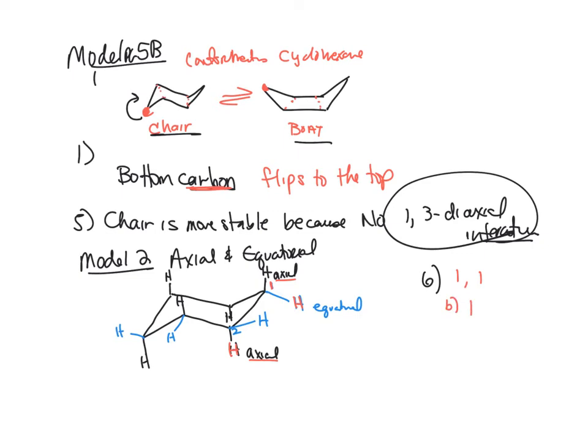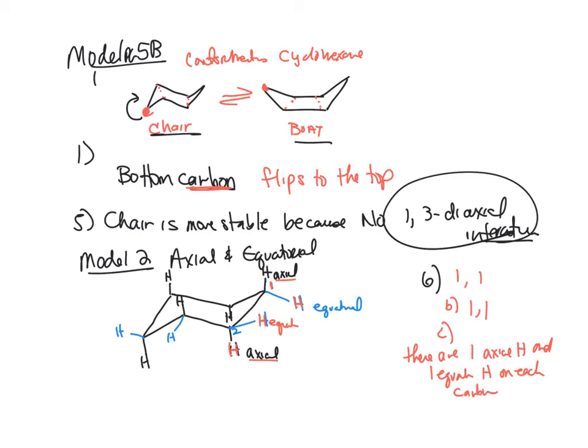How many equatorial? 1. Based on your answers to A and B, what can you conclude about the number of axial and equatorial positions at each carbon? I wrote there is 1 axial hydrogen and 1 equatorial hydrogen on each carbon.